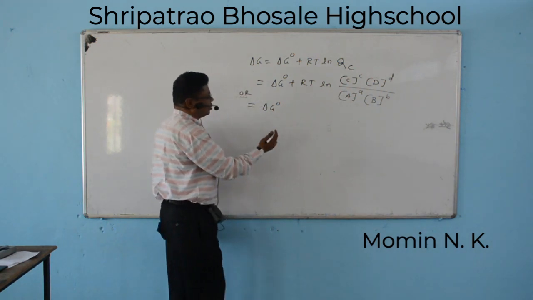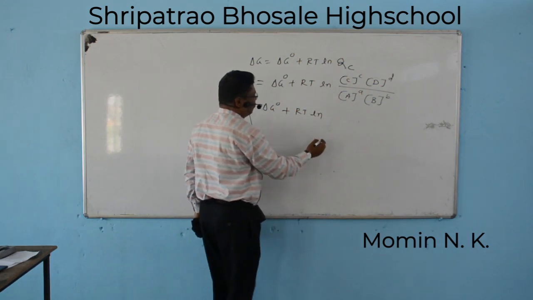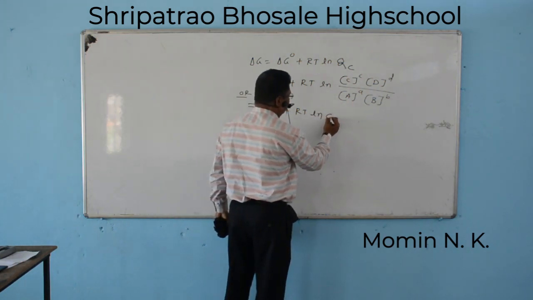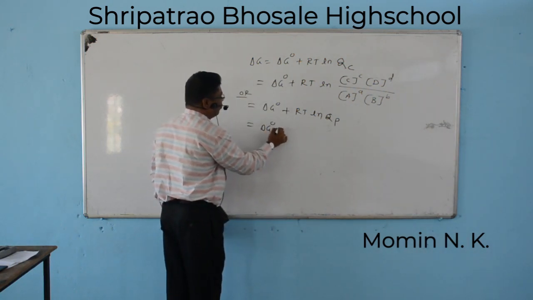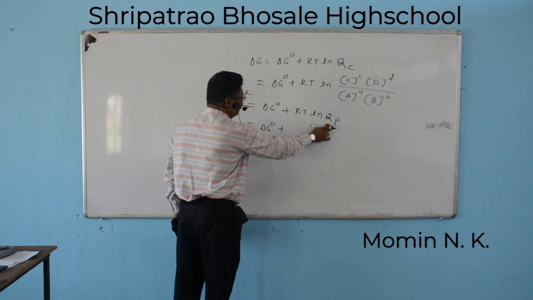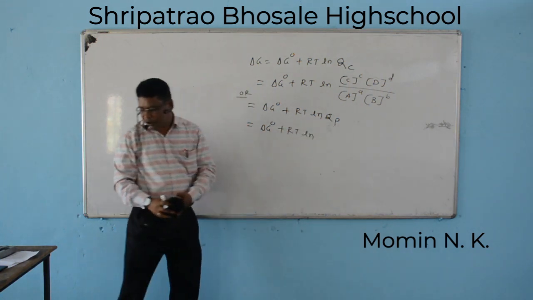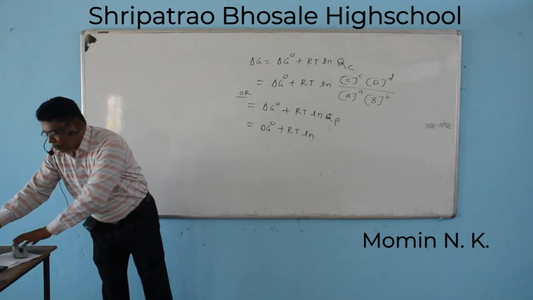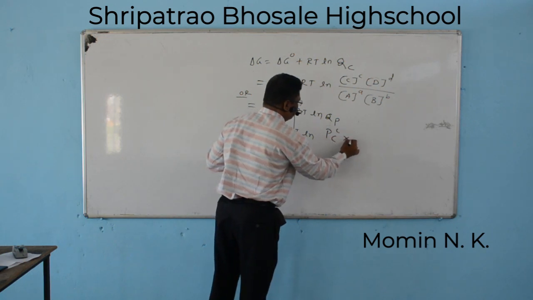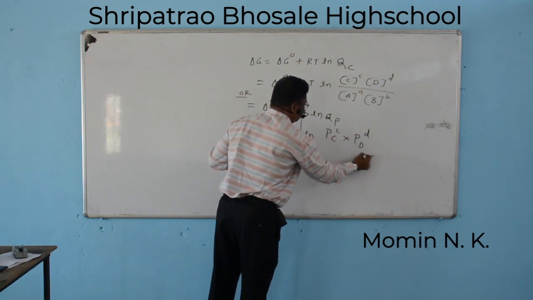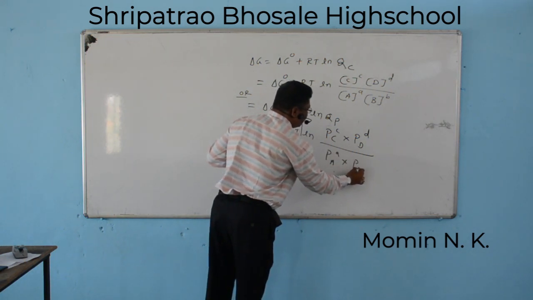Whenever reactants and products are in gaseous state, delta G is equal to delta G0 plus RT log of Q_P, where P stands for pressure: RT log of pressure of C raised to c into pressure of D raised to d, upon pressure of A raised to a into pressure of B raised to b.